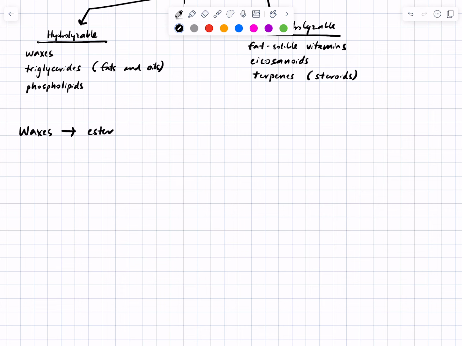And it's got 16 carbons, 2, 4, 6, 8, 10, 12, 14, 16 in the carboxylic acid portion. And then it has 16 carbons in the alcohol portion. 2, 4, 6, 8, 10, 12, 14, 16.